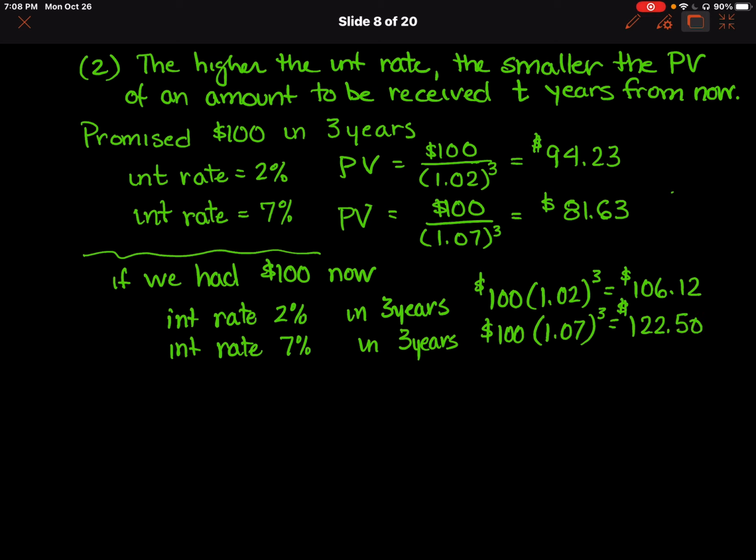And so again, we have this observation that because you are giving up the opportunity to have the benefits of those funds when they are to be received in the future, and because the benefits of getting those funds are going to be higher the higher the interest rate is, we see this relationship that the higher is the interest rate, the smaller is the present value of a certain amount of money to be received in the future.